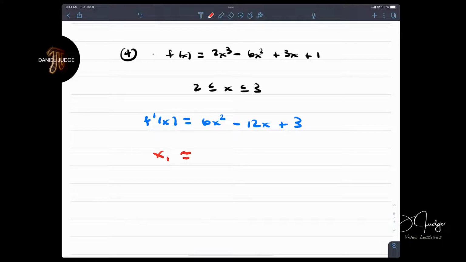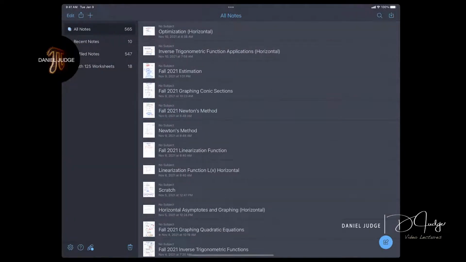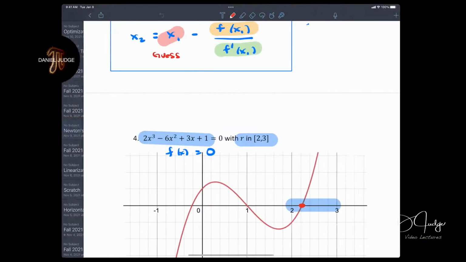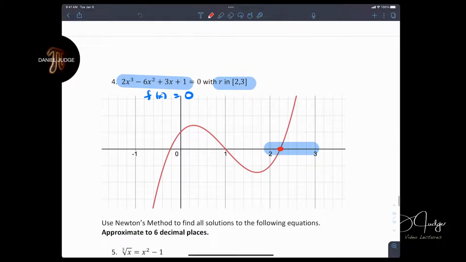So I'm going to use x1 to be 2. This is my guess, ladies and gentlemen. We're going to start at 2, because if we go back and look at this, the root is certainly not at 2, but it's close to 2. And it's in the interval they told us.